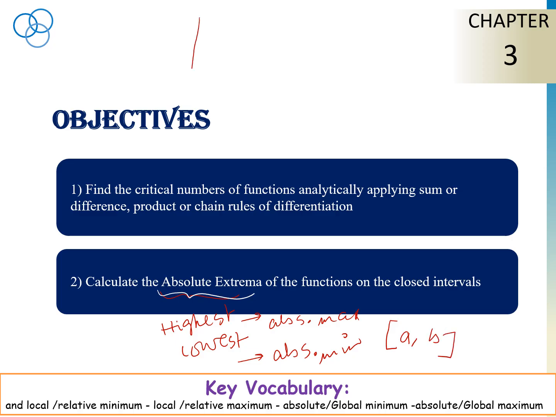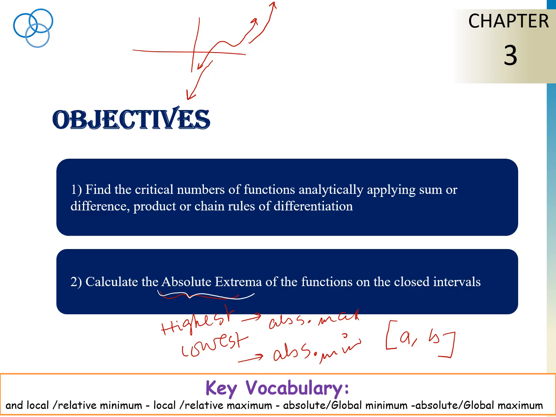If you have a graph which is given in the open interval, the graph is increasing and increasing without bound, and similarly decreasing and decreasing, and you don't know when they will stop. So you cannot find the absolute extrema of such graphs.